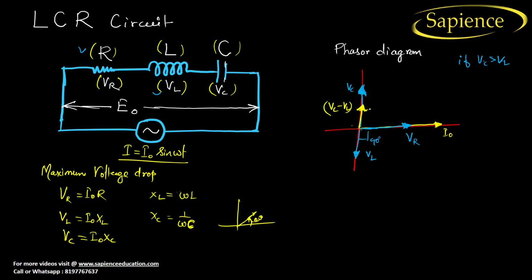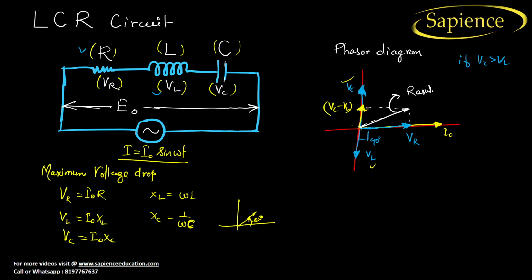In this direction VR is there. See, the vector addition for this part and this part has been done as VC minus VL. So this is VC minus VL. Now what about VR? We need to take it. We know the vector addition: when two vectors are perpendicular to each other and we draw a parallelogram, we get a resultant.